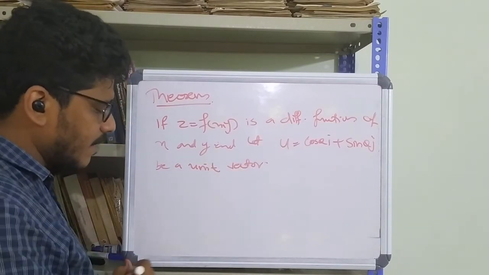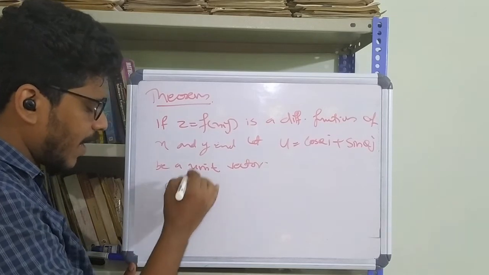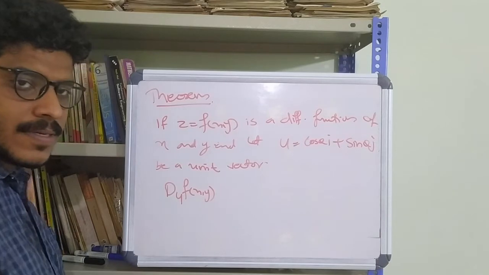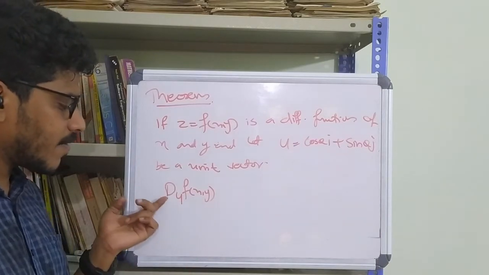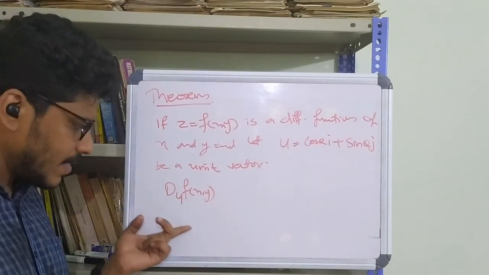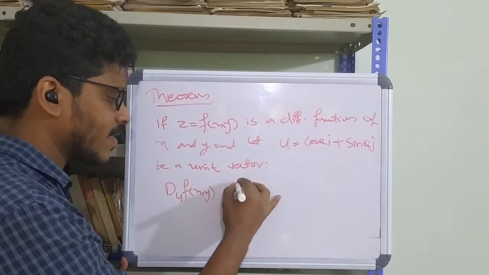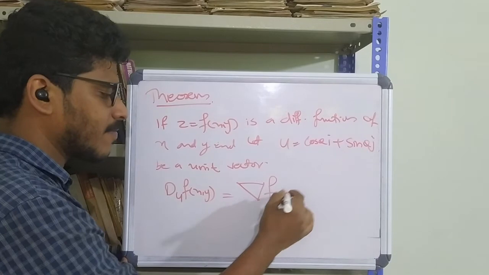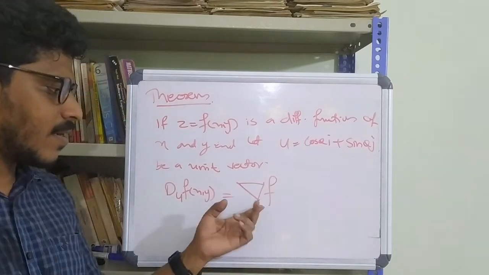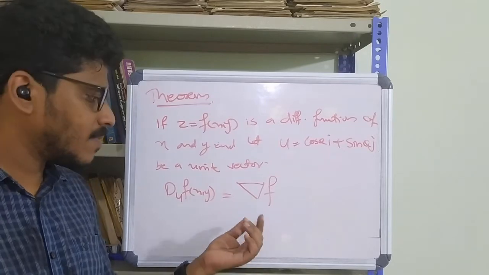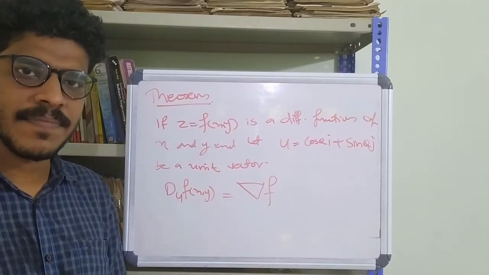Then the directional derivative of f in the direction of u at x y can also be defined as grad f, or gradient of f. Instead of saying literally gradient of f, we sometimes use grad f.